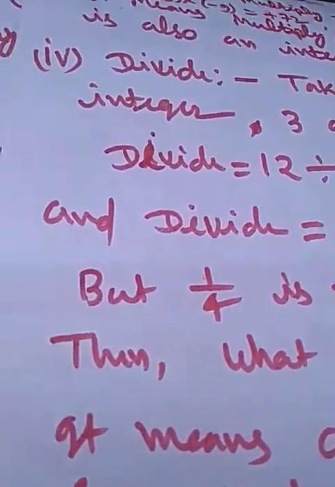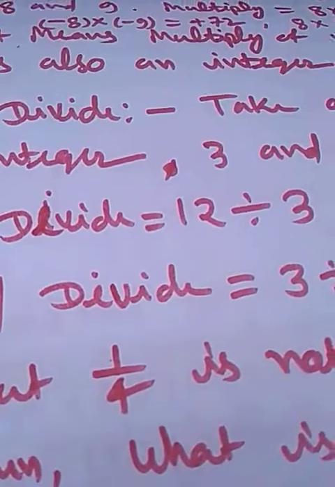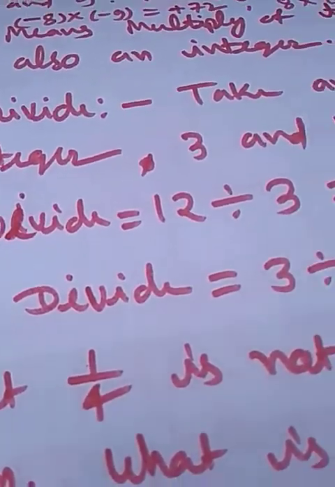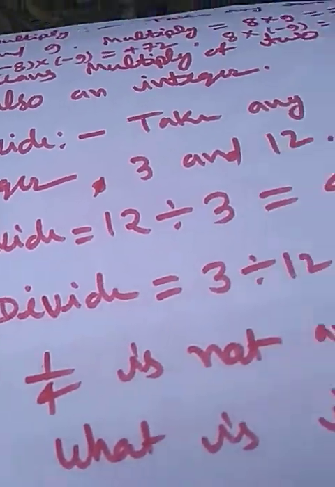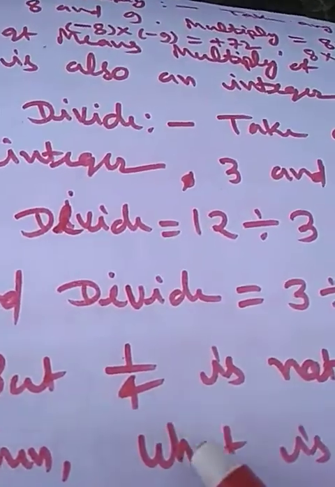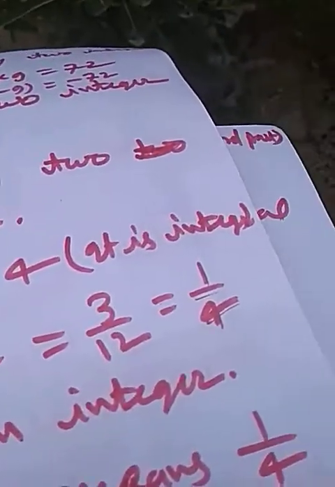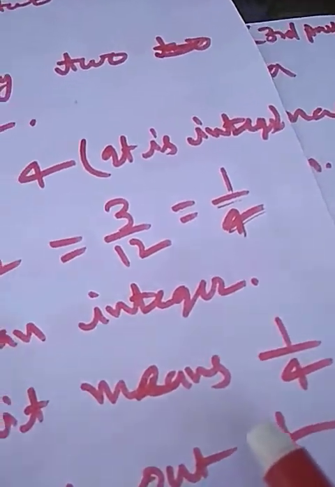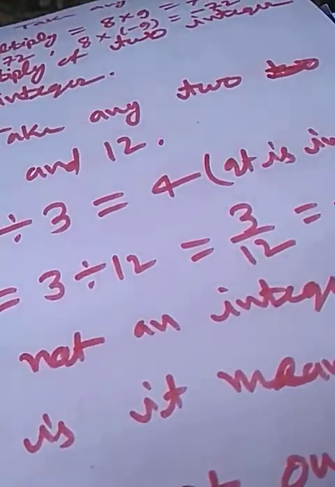What is the fraction? Fraction means part of a whole. Part of a whole is called the fraction. Here 1 by 4 means one part out of 4 parts. On the basis of it, we can define the fraction.